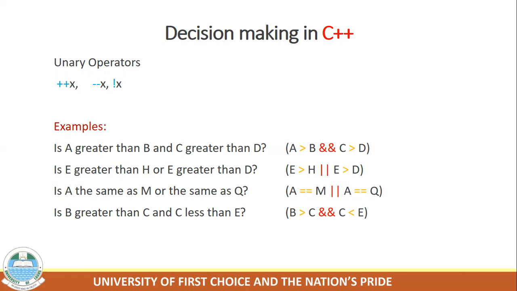But when you're making a decision, you're comparing, you use double equal to. Is A equal to M or A equals to Q? Is B greater than C and C is less than E? All right, so let's move forward.